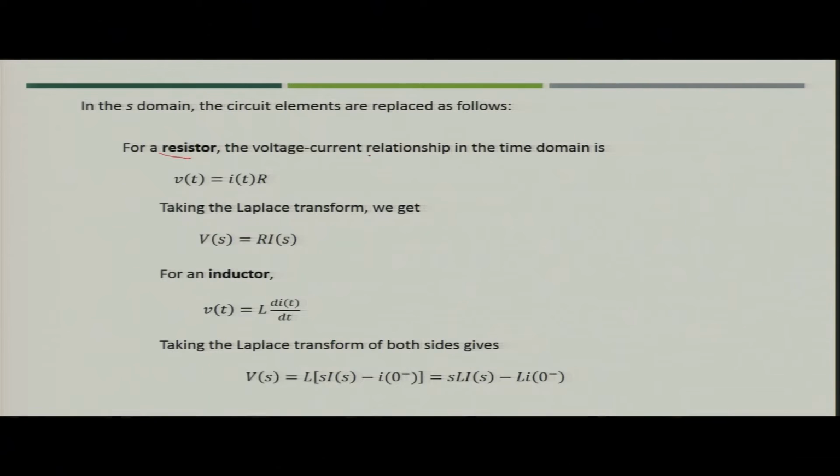For a resistor, the voltage-current relationship in time domain is given by v = i R, as per Ohm's law.